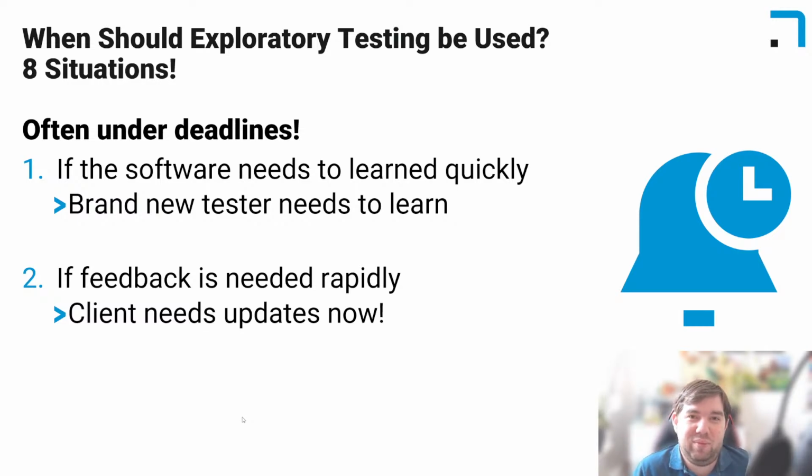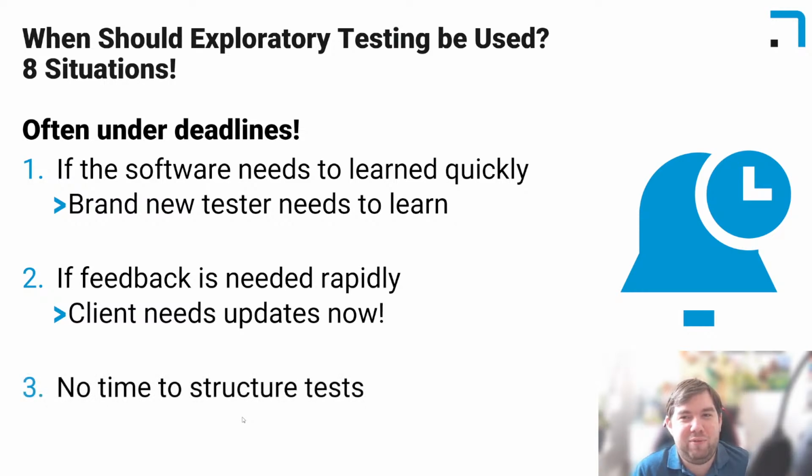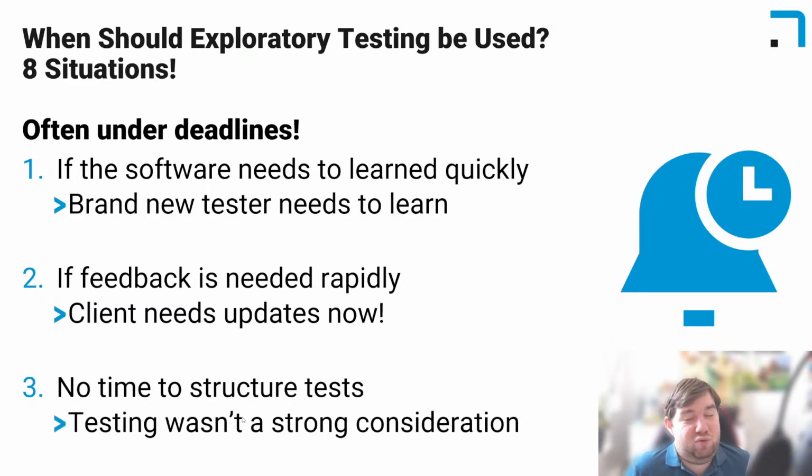What if we're following a very older method of software development and we have no time to structure our tests? Because whoever decided the timeline thought testing wasn't a strong consideration and that we as testers don't need much time. And we don't know what we're testing ahead of time too, so what can we do here? Well, once again, exploratory testing is a great idea.